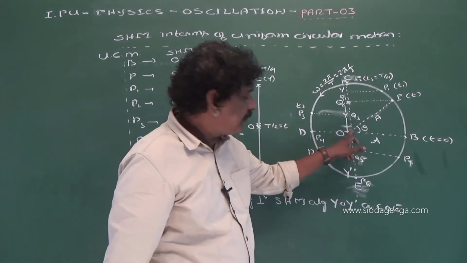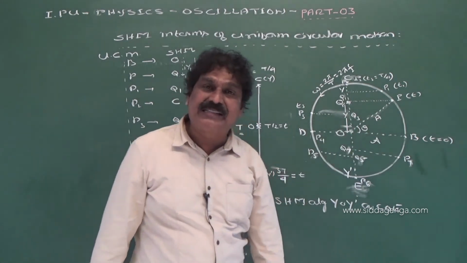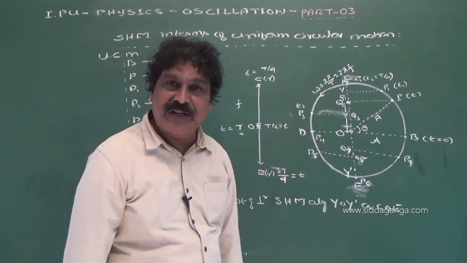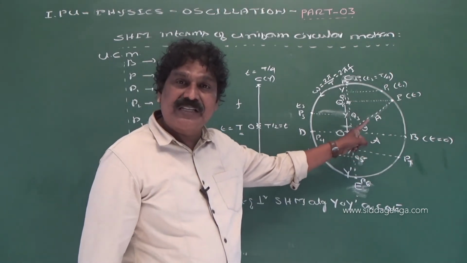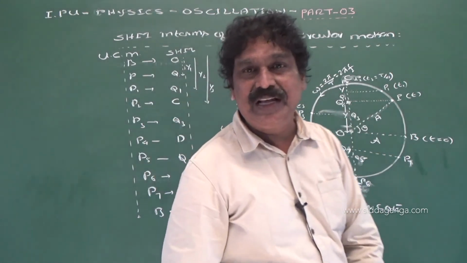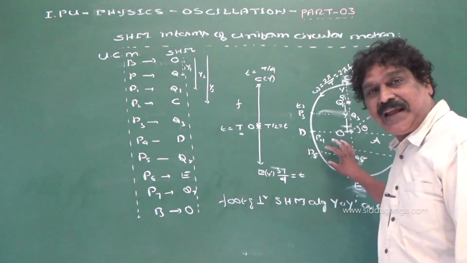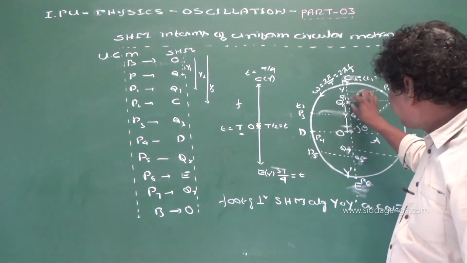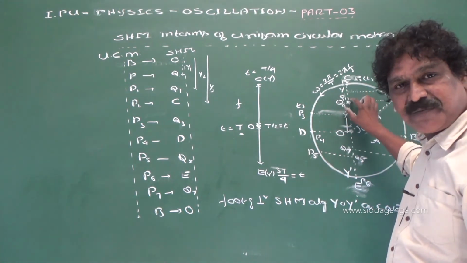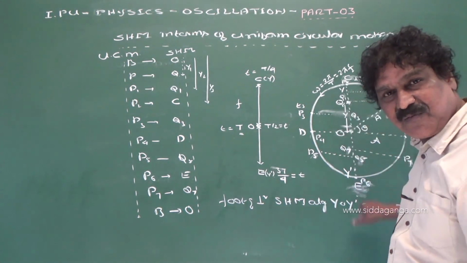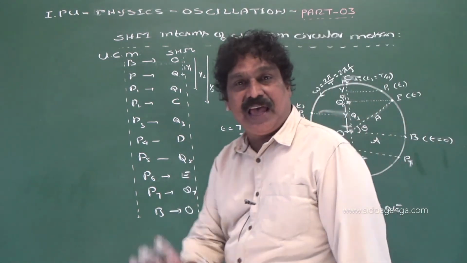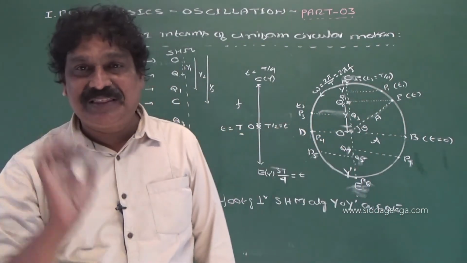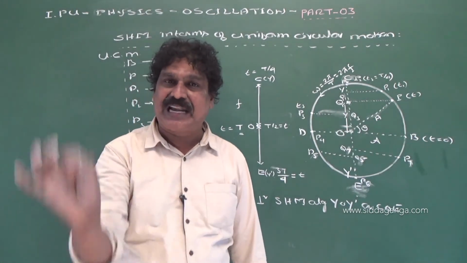At the same time, it also has, in simple harmonic motion, the angular displacement theta, right. So here we can find the displacement of simple harmonic motion, linear displacement as well as angular displacement, with frequency and time period.